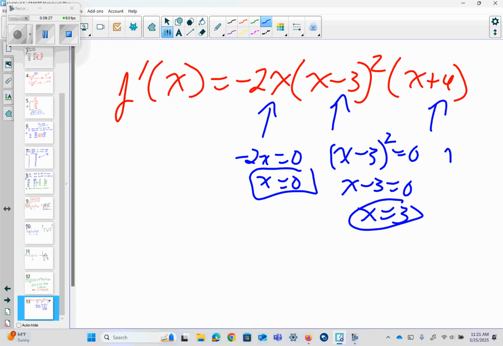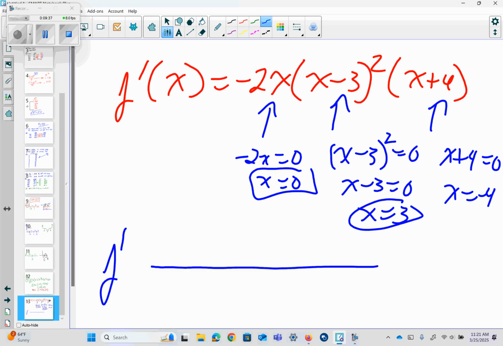And then x plus 4 equals 0, so that's at x equals -4. So what we can do is make our f prime graph and plug in our critical values, -4, 0, and 3.